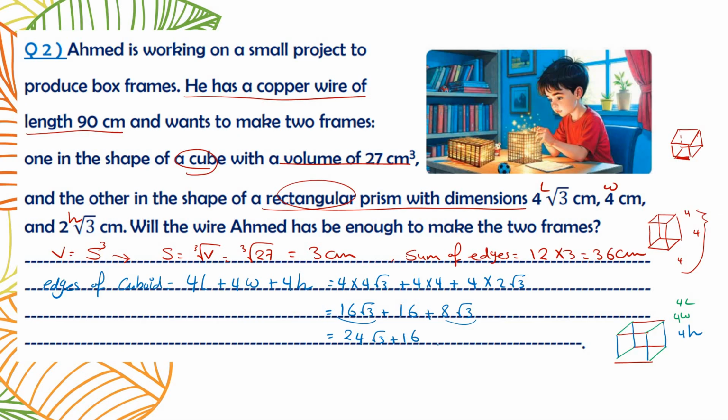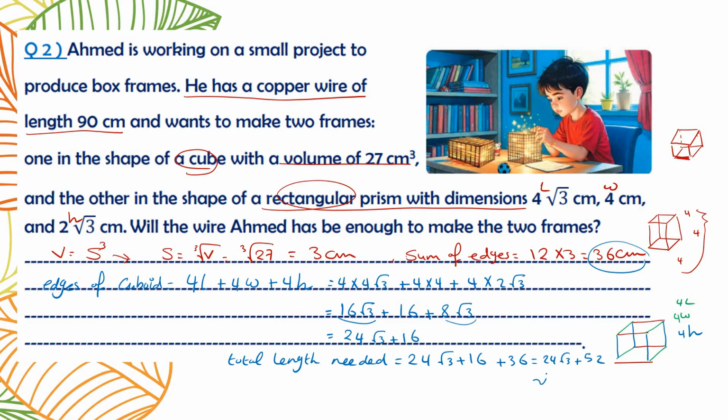This is the amount of wire he needs to make the cuboid, and this is the amount of wire he needs to make the cube. So both of them I will add now. So the total length of wire he needs will be 24 square root of 3 plus 16 plus 36, which equals 24 square root of 3 plus 52.